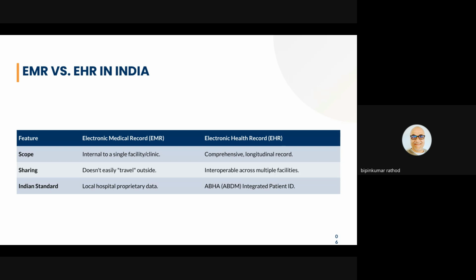Many times you have heard about the electronic medical record. Many times someone mentions that we are using EHR. Someone even mentions that we are not using EMR, we are using HIS, Hospital Information System. Someone else mentions the Health Information Management System.